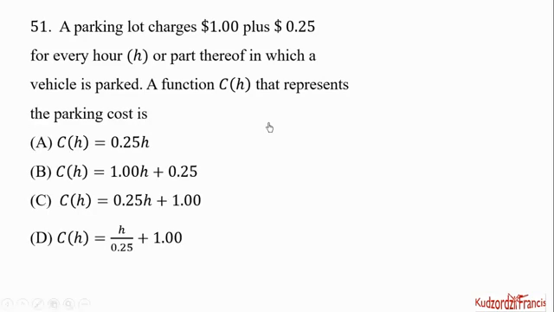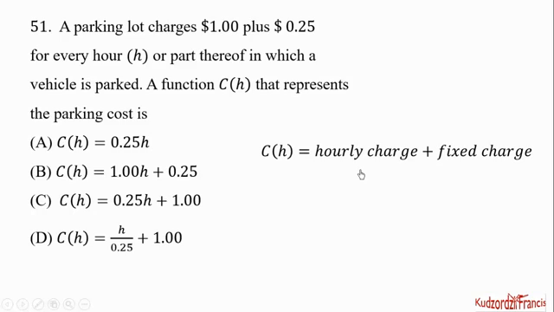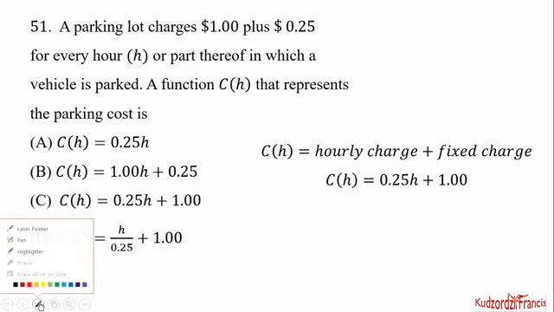So we know that the parking cost comprises of a fixed charge, which is $1, plus an hourly charge, which is $0.25. So the cost will be hourly charge plus the fixed charge, and the hourly charge will be 0.25 per each hour. So if it is h hours, we have 0.25 times h, then plus the fixed cost, which doesn't change. Therefore the correct answer is option C.